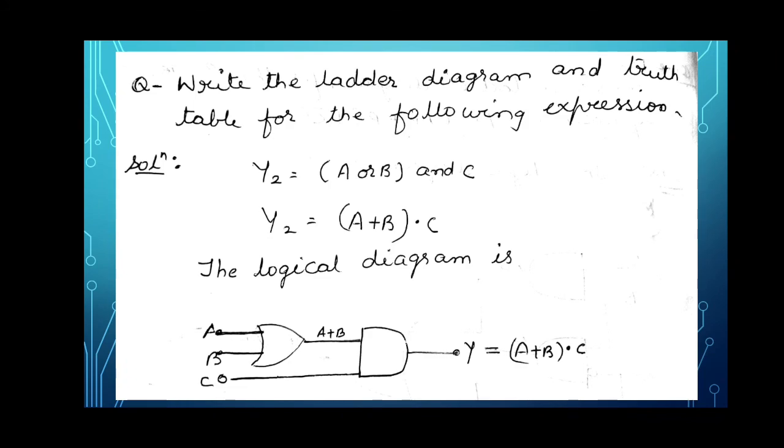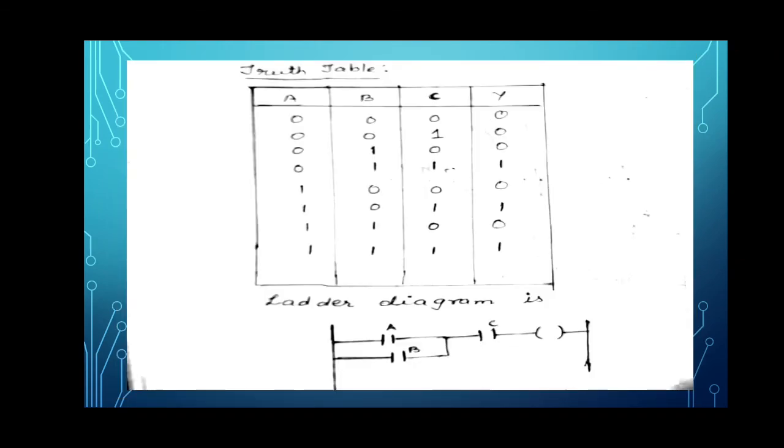It's simple because you people are familiar with the basic digital gates. So after drawing the logical diagram, that is A or B and C, we draw the truth table, and lastly we draw the ladder diagram. So it is (A or B) and C.